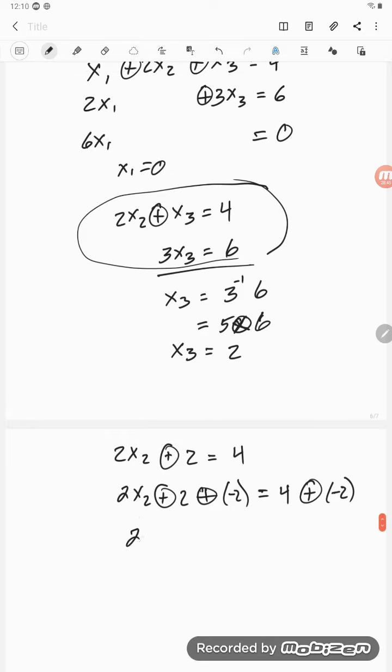And so on this side, we just have our 2x2. And on this side, we have 4 plus 5, which is 9, which is 7 plus 2. Now notice that does look like it works just like subtraction. We get a 2 there. And now I need to multiply by 2 inverse times 2, x2 equals 2 inverse times 2.